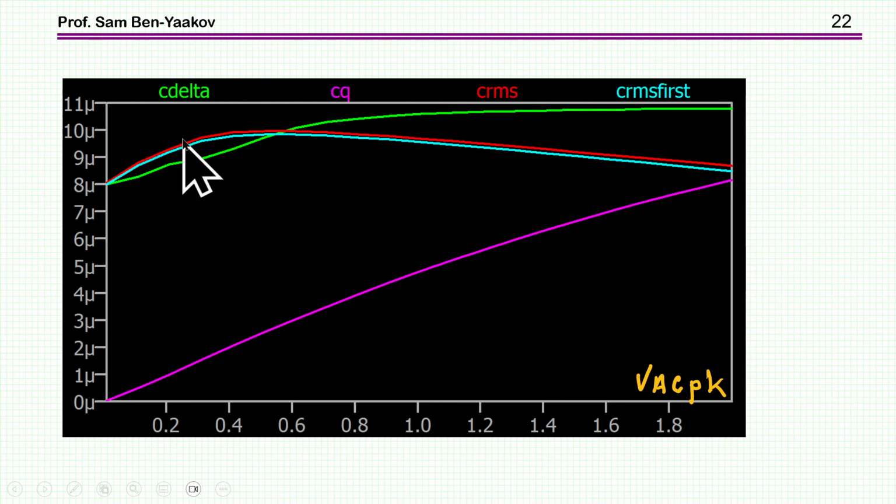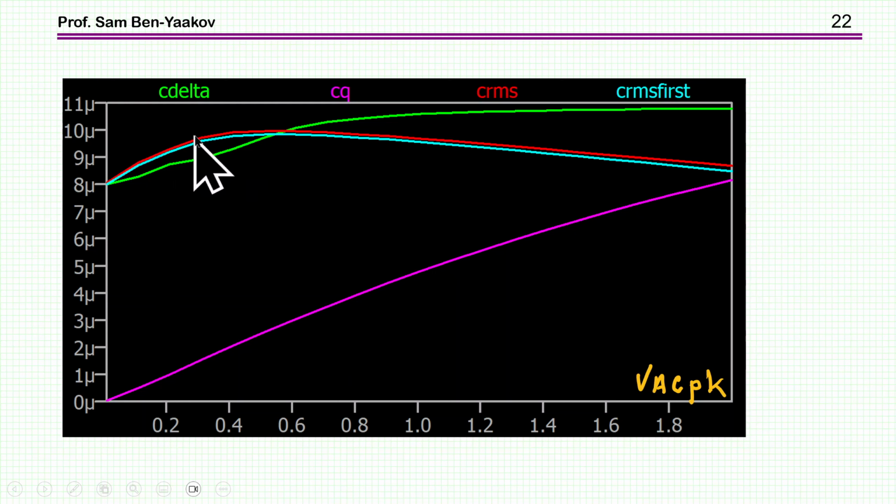The RMS and the first harmonic are just about the same. It's very interesting that the first harmonic and the RMS are not that much different, but the peak-to-peak is quite a bit different, and the RC is entirely different. I don't understand what's going on here, but let's leave it alone now and just concentrate on this.